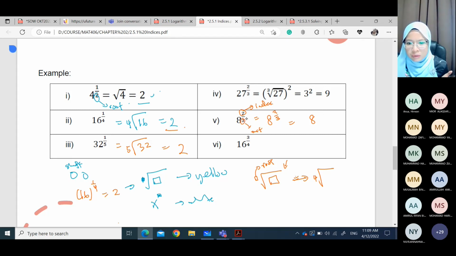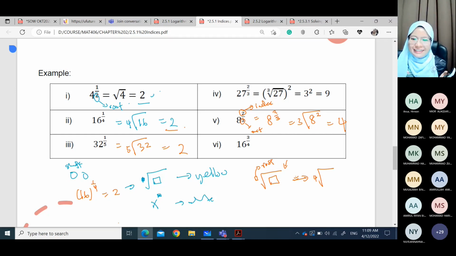So power dia kuasa 2, 8 to the power of 2 root 3. So bila you plug in your calculator, 3 root, and then dalam bracket tu 8 kuasa 2. Then the answer here is 4. Dapat tak 4? Dapat.